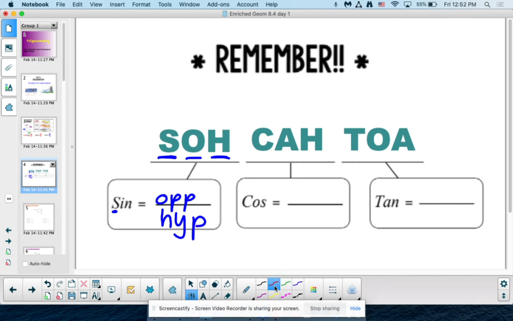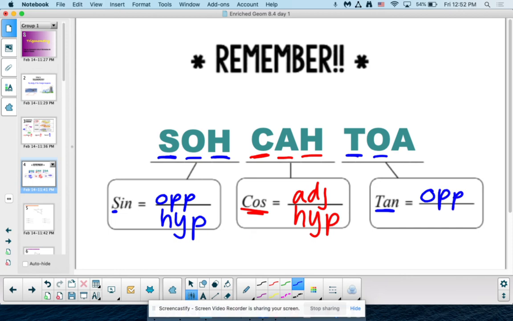CAH: your cosine is your adjacent leg over hypotenuse. And then lastly, TOA for tangent, T is your opposite leg over adjacent. Okay? SOHCAHTOA is a really good thing to write on the top of your paper or your test because it will help you remember which legs go with what ratio.